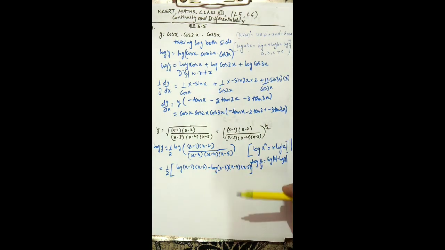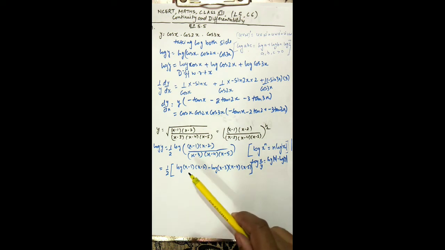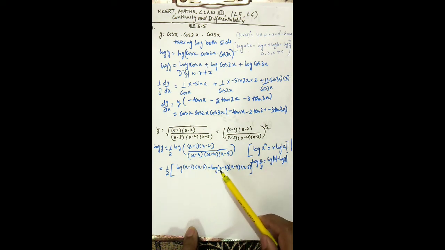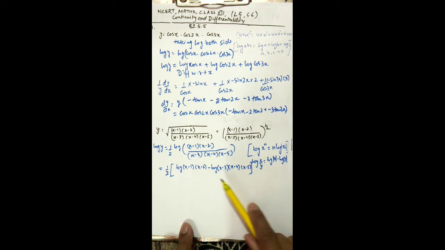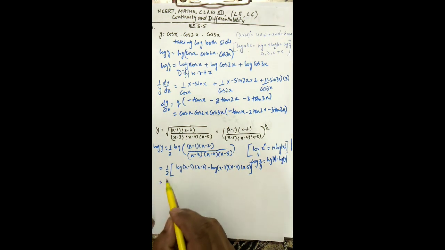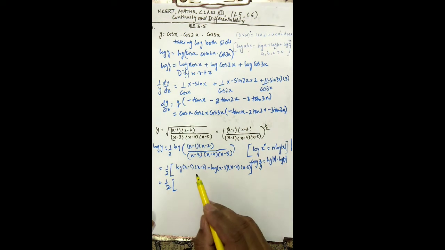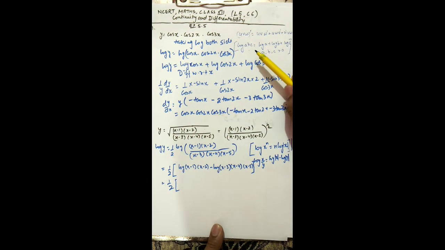Here it is not mentioned what x is, whether it is greater than 5 or greater than 1, whatever it is. So we are assuming that all of x minus 1, x minus 2, x minus 3, x minus 4, x minus 5 are greater than 0. So we are taking them as positive, but if in case you have any doubt, you will put the modulus sign. Now further we can apply another rule, which is the product rule, log abc, so log a plus log b plus log c.